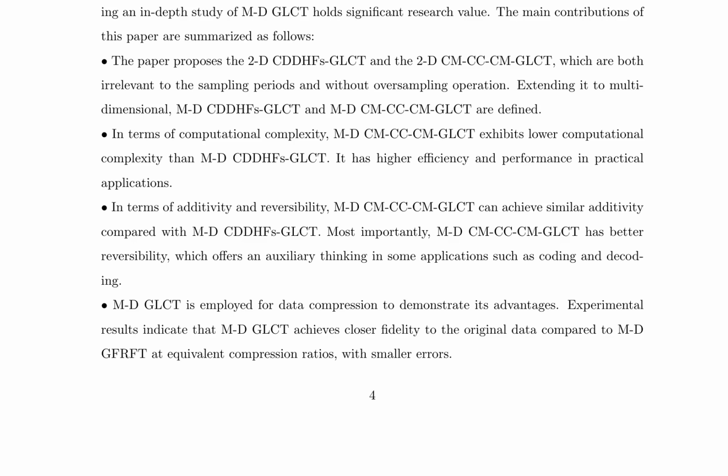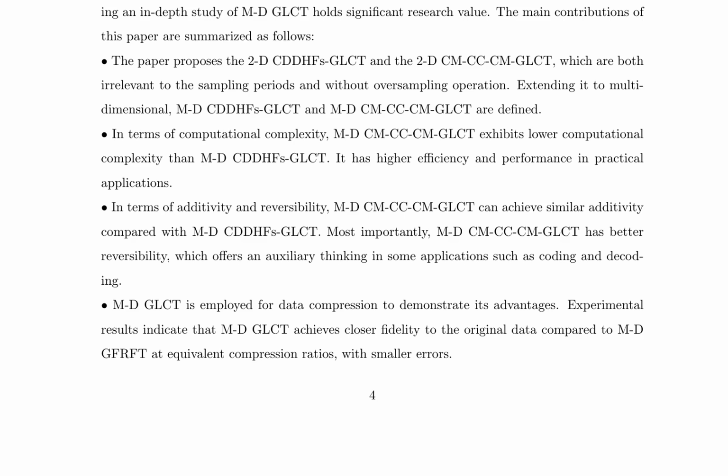Additionally, M-D CM-CC-CM-GLCT achieves similar additivity compared to M-D CDDHFs-GLCT and has better reversibility, offering an auxiliary thinking in some applications such as coding and decoding. Finally, the M-D GLCT is employed for data compression to demonstrate its advantages.